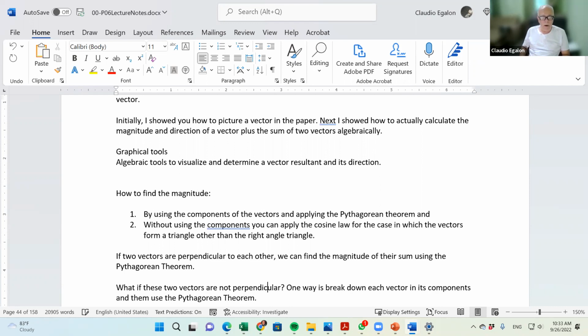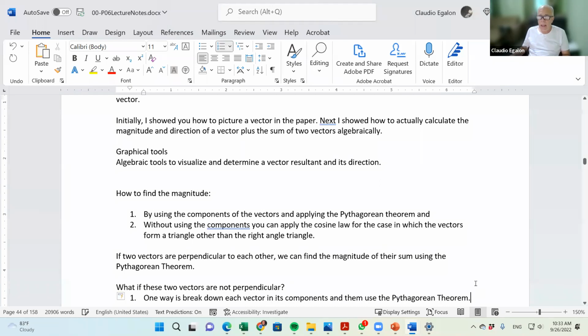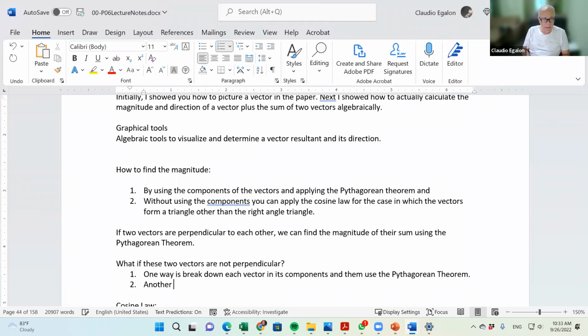Another way is by using what we call the cosine law. Let's take a look at the cosine law. The cosine law can be derived. I'm presuming that you all know about trigonometry here.